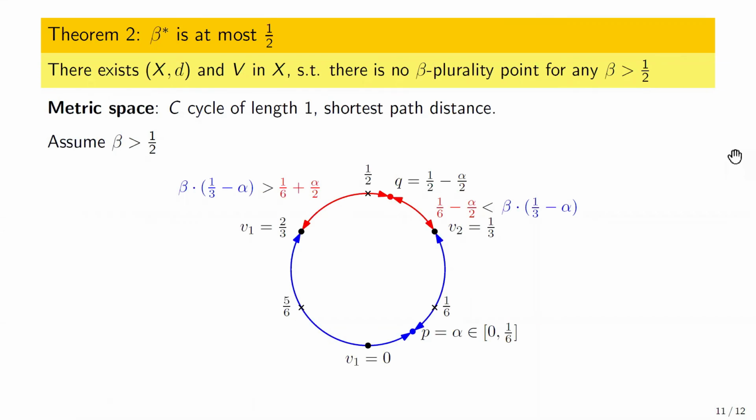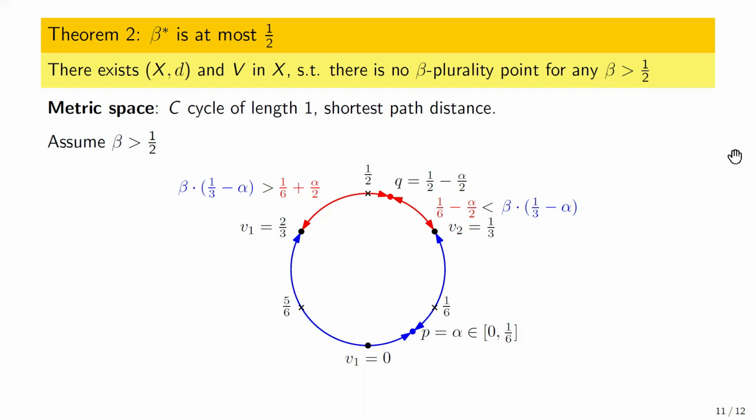Now, if we compute the distances between Q and V2 and P and V2 in terms of alpha, we get that the distance between Q and V2 is smaller than beta times the distance between P and V2 for any beta larger than half. This means that V2 would not beta prefer P over Q. And the same is true for V3.